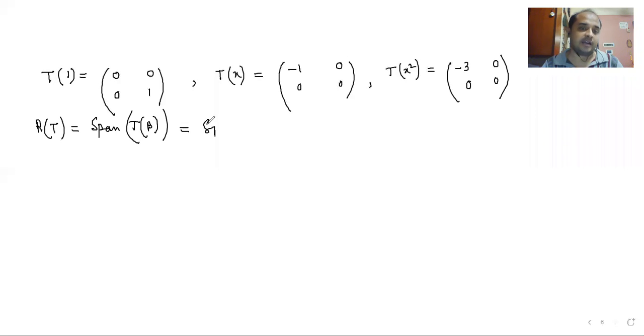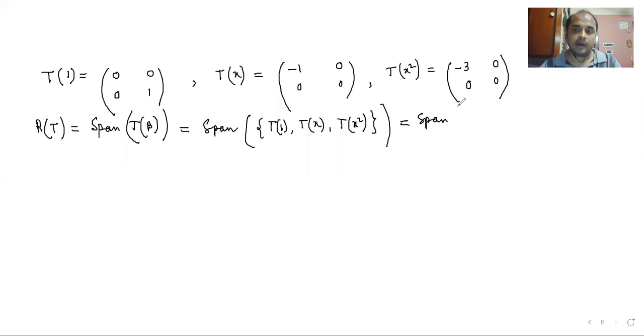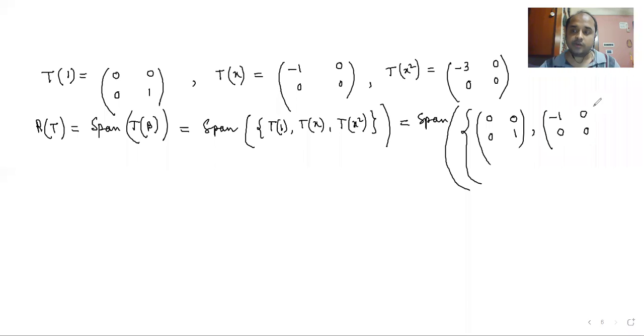In this case, R(T) will be spanned by T of 1, T of x, T of x square, and that is equal to the span of these matrices: 0, 0, 0, 1; minus 1, 0, 0, 0; and minus 3, 0, 0, 0.